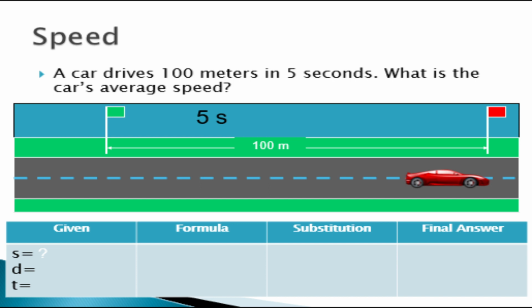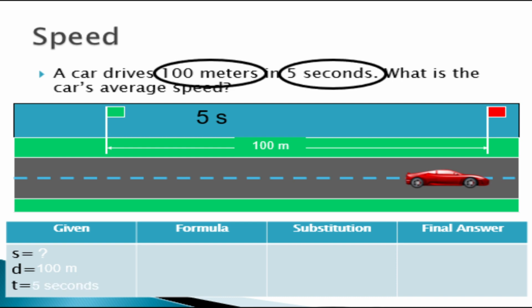So from the problem, we have 100 meters and 5 seconds. From these givens, 100 meters is considered as our distance and 5 seconds as our time. The formula in finding speed is equal to distance over time.